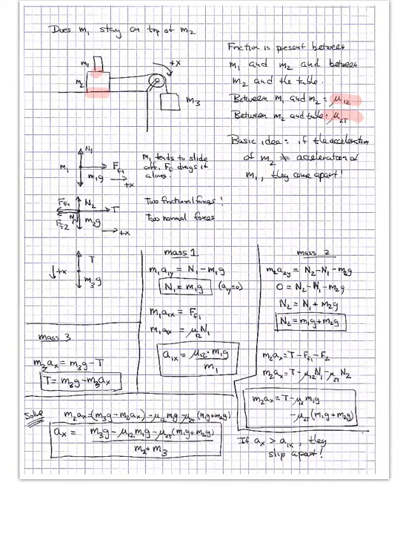So for mass 1 to stay on top of mass 2, mass 1 has to have the same acceleration as mass 2. It has to be possible for that to happen. So if the acceleration of mass 2 is larger than mass 1, mass 2 is going to slide out from underneath. Okay, it's a complicated diagram now.